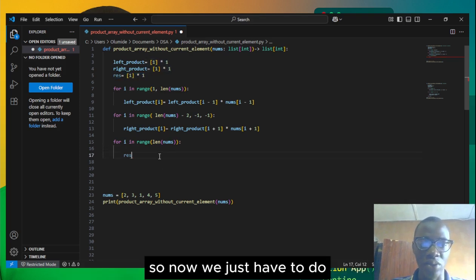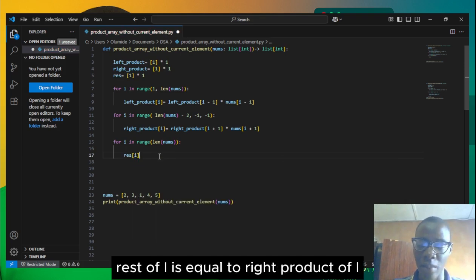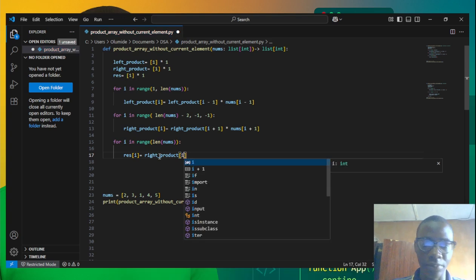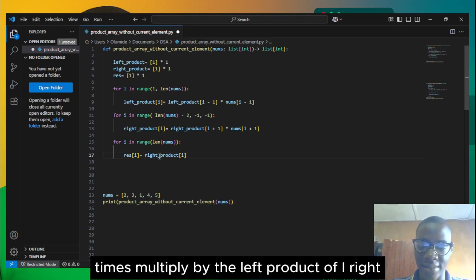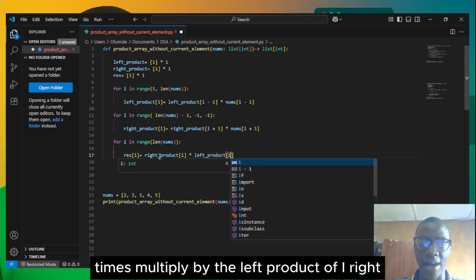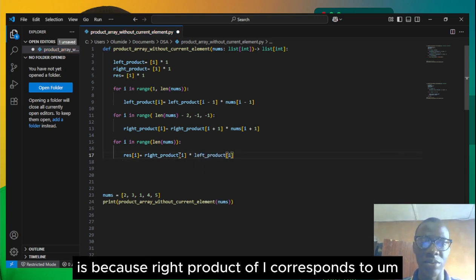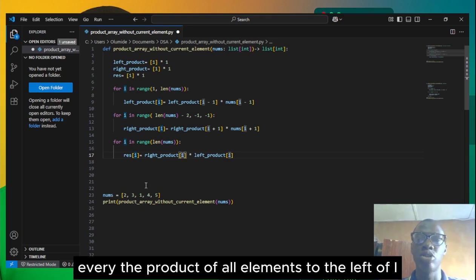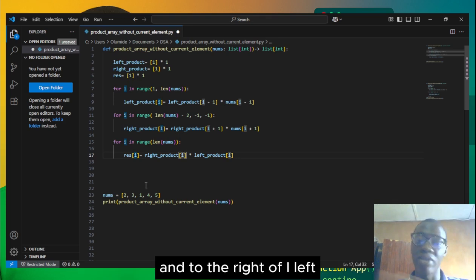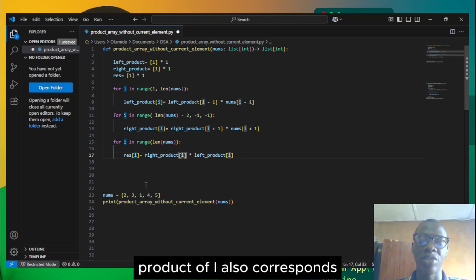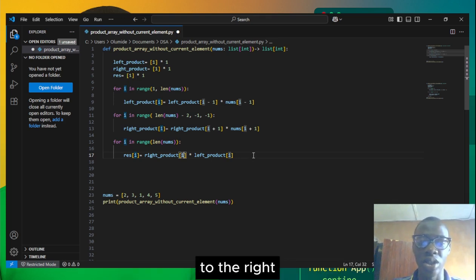So res of i equals right product of i multiplied by the left product of i. We do this because right product of i corresponds to the product of all elements to the right of i, and left product of i corresponds to the product of all elements to the left of i.